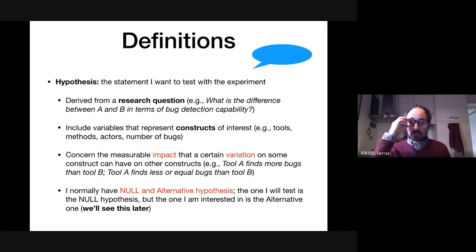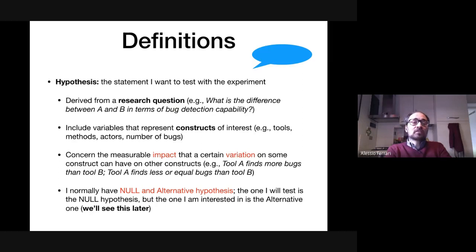The same example as before. So is it better A or B for finding bugs in this code? Okay. I then include in the hypothesis variables that represent my constructs, the constructs of interest, that may be tools, methods, actors, number of bugs. So all the things that may be involved in the experiment and that are relevant for me.